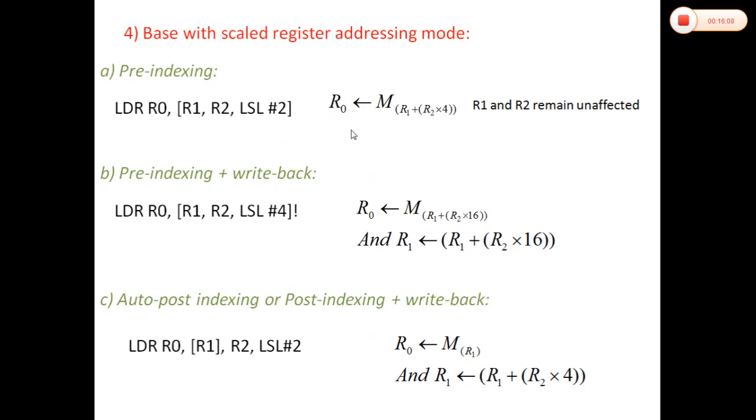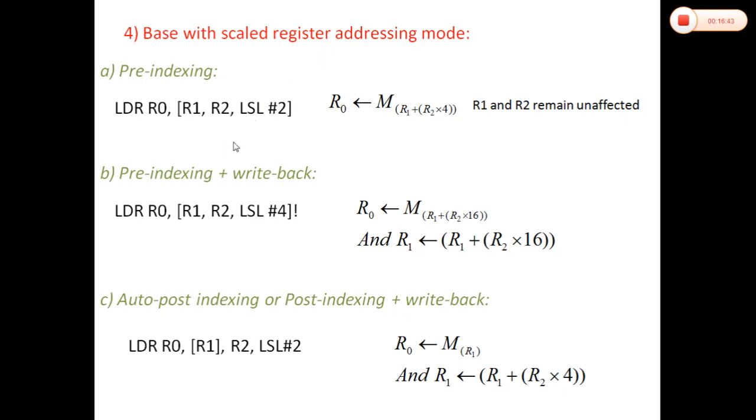The next addressing mode is base with scaled register addressing mode. Once again, here the address is specified in terms of a base register, say R1, and a scaled register, another register which is scaled by a shift operation. It may be effectively multiplied or divided by shifting it left or right. So R2 is the scaled register, and R1 is the base register. The address is indicated in terms of these two components.